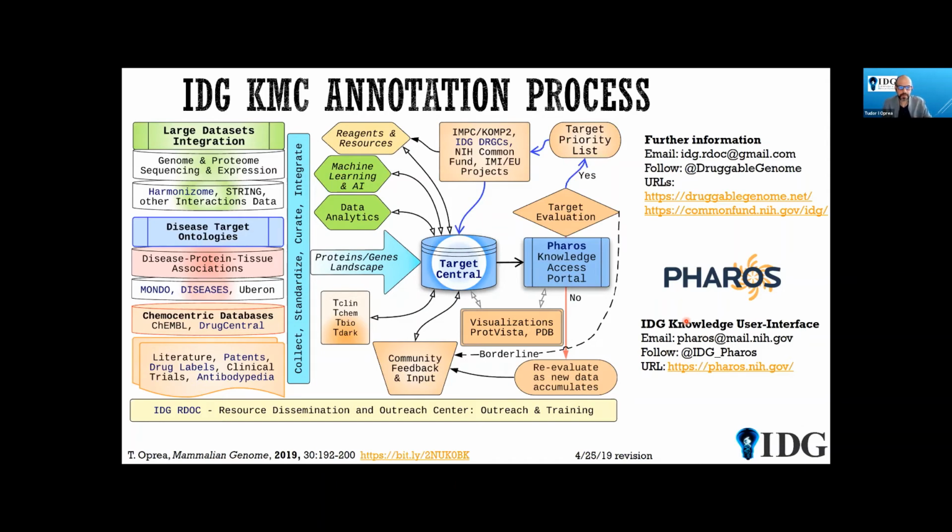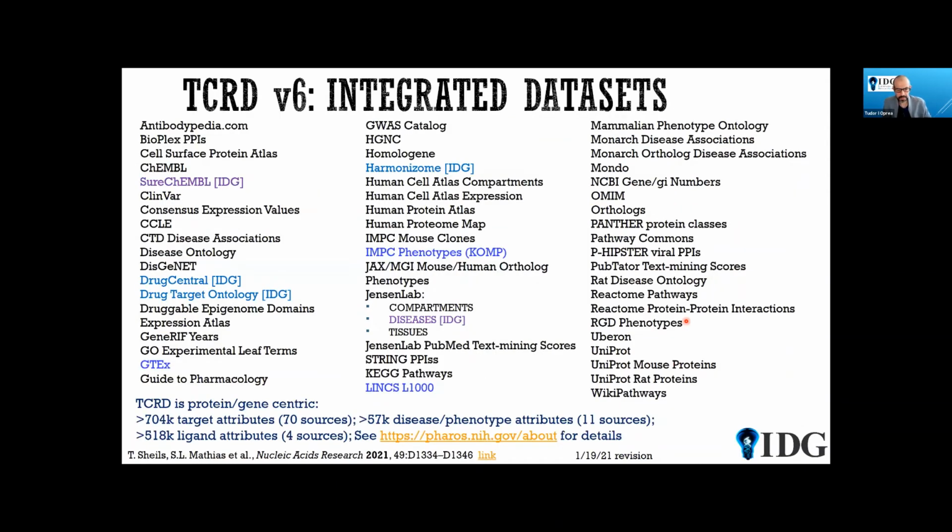So part of the integration process is making these databases talk to each other. For example, STRING was mentioned earlier. We integrated the STRING database. We also integrate, for example, with viral protein-protein interactions through something called PHIPSTER. And I just realized that probably STRING is missing on this list, which was supposed to be alphabetical, so I'll have to correct that.